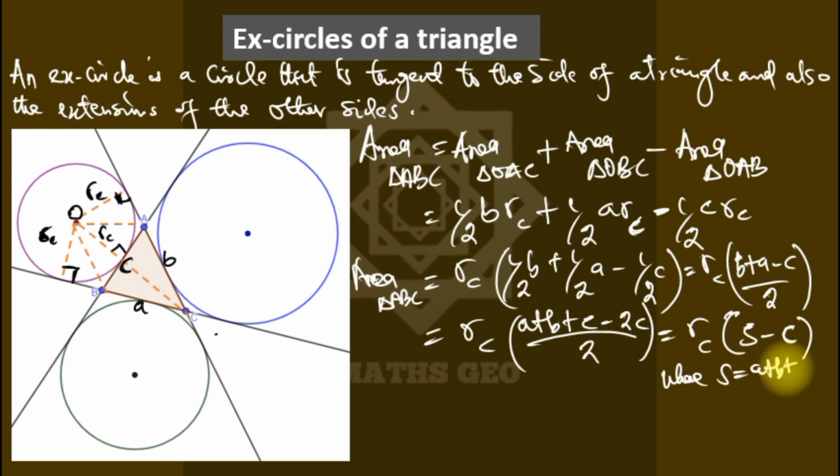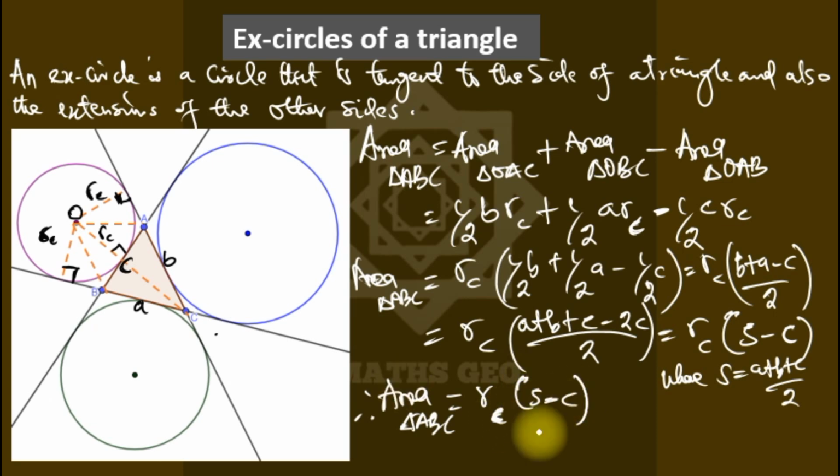Therefore, the area of triangle ABC is equal to R subscript C, that's the excircle radius, times the semi-perimeter minus the side that is tangent to that circle. So that's it.